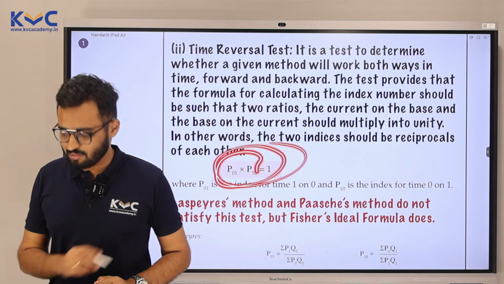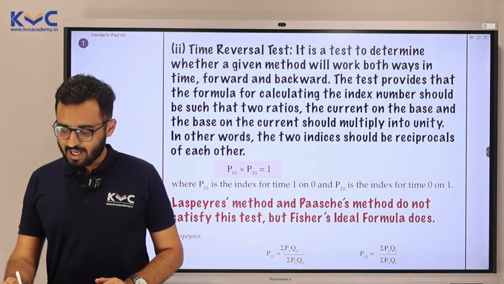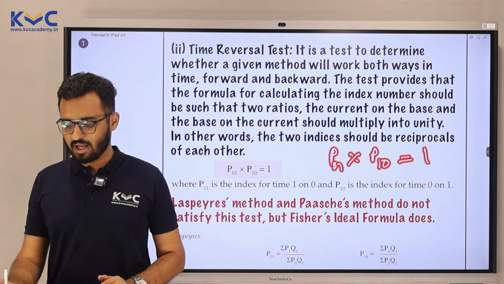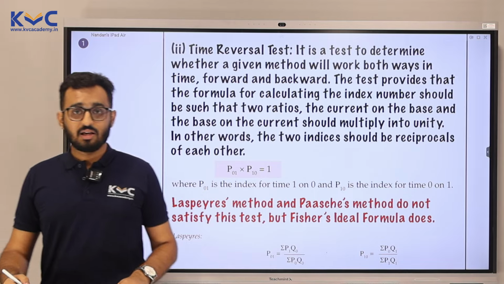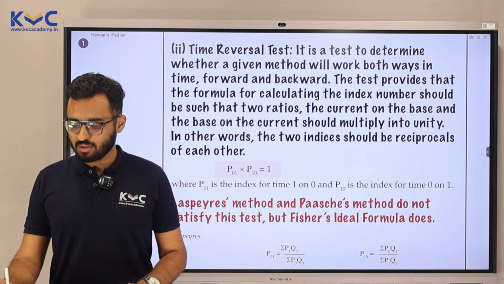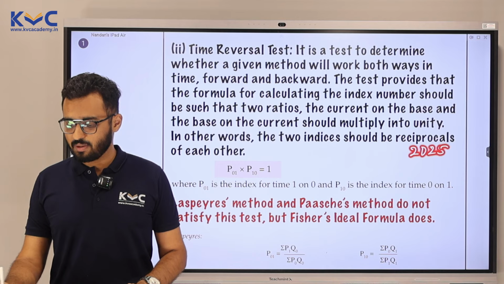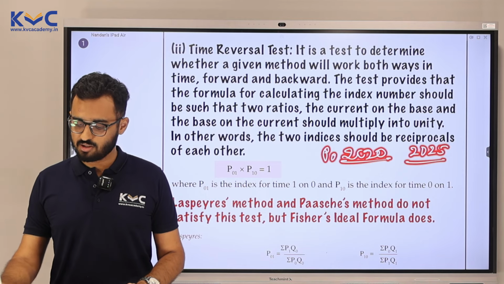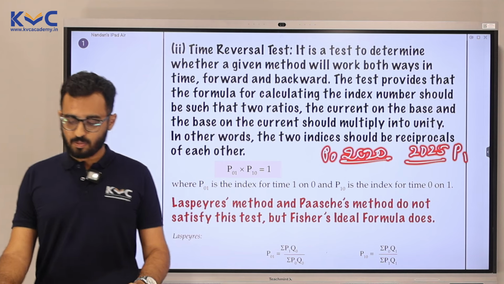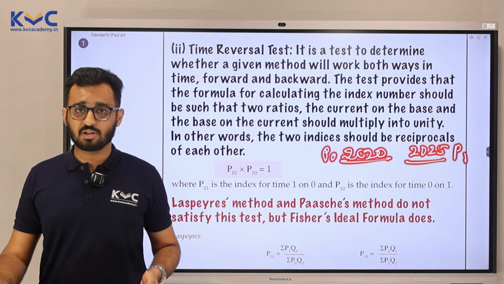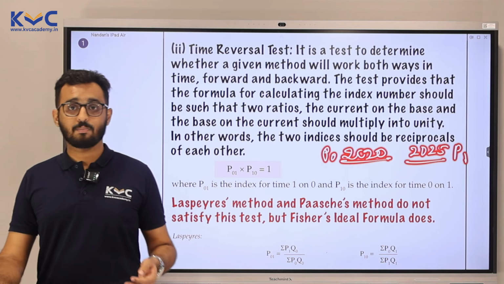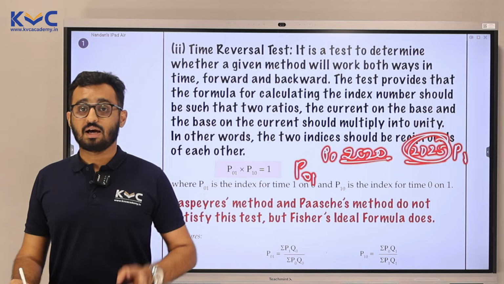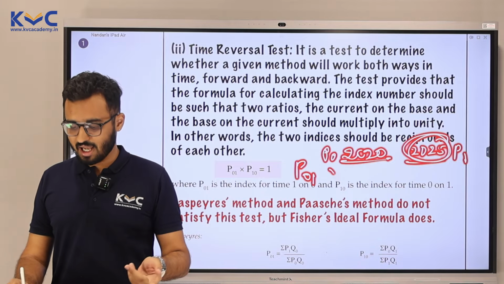Second one, time reversal test. Directly I'll show you the formula, you'll be able to understand. Price index of 0,1 into P10 should be 1. That means if I am calculating the index number for the current year based on the base year, let's say the base year is 2020, we call this P0, we call this P1, right? So P01 means base being 0, what is the price index for P1, that is 2025. Now let's say you reverse this, time reversal.